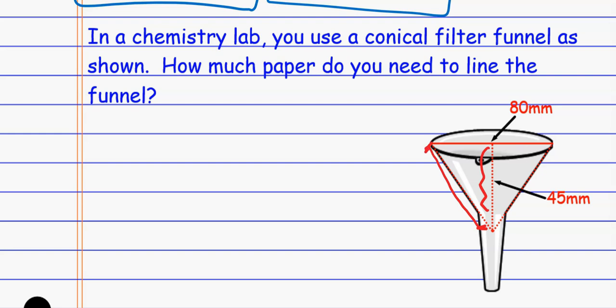Okay, and so once again, if I think about this triangle that they've given me, the dimensions of this triangle, we've got the 45 over here. This side would be 40. It's half the distance across here. I have to use my Pythagorean theorem in order to find this. So 40 squared plus 45 squared on my calculator gives me 3625.